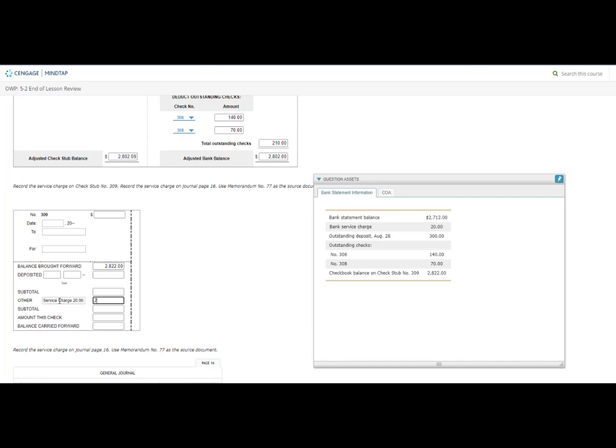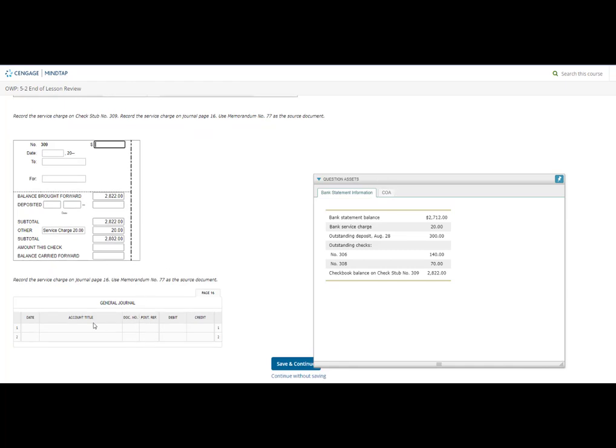And so I'll put 20. Then I'll subtotal that, which would be 2,822. Now we're going to subtract those, $2,802. And we stop there because we have not written anything on the check. So the top part stays blank because we have not written a check. And the last two lines will stay blank.